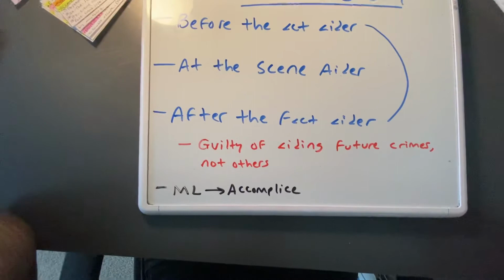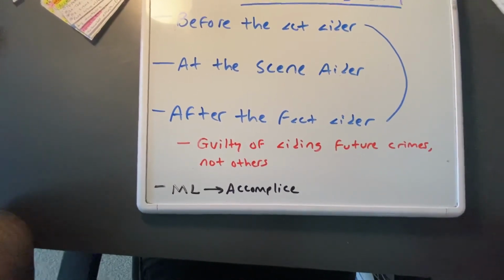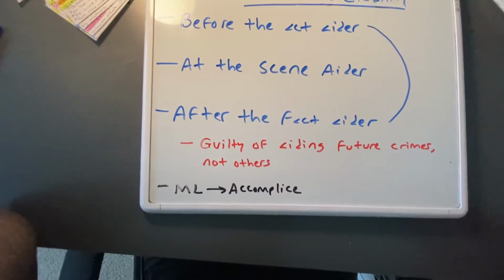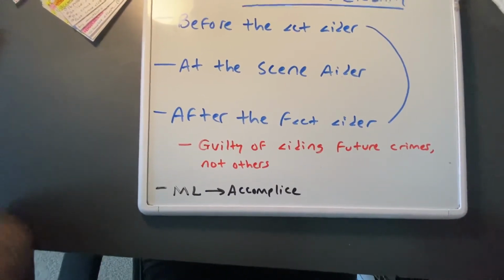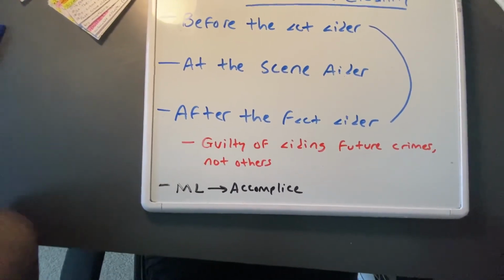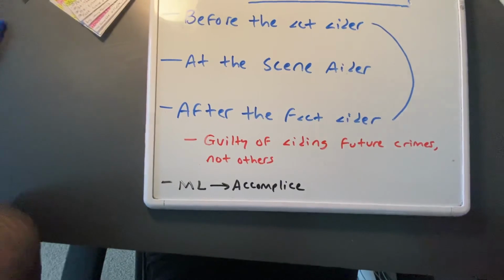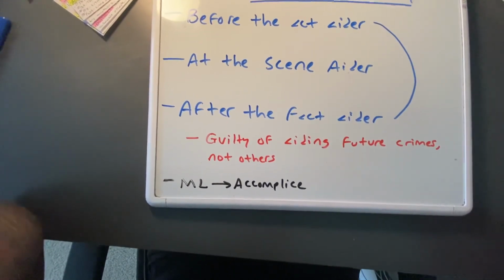Under the common law, I'll be guilty of aiding future crimes and also guilty of aiding Kevin in that situation. So I'll be liable for those two things. And again, under modern law, you are simply categorized as an accomplice.